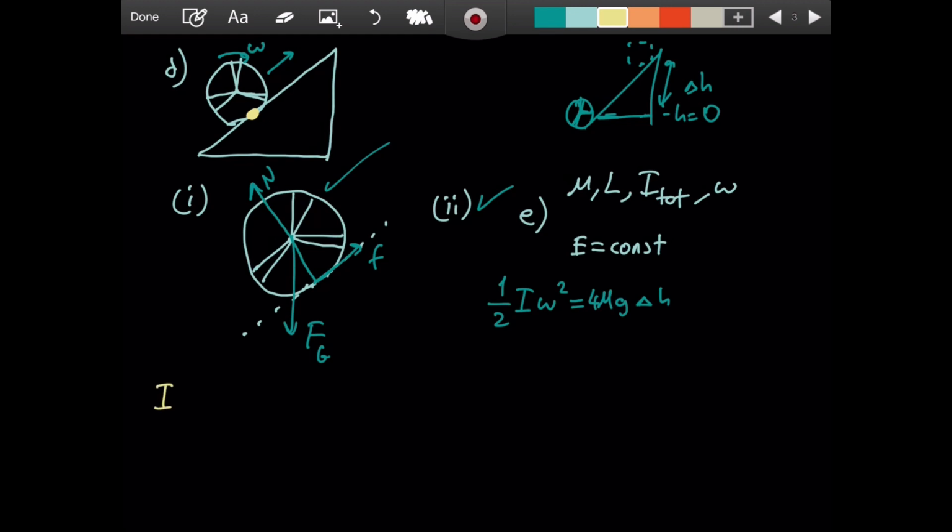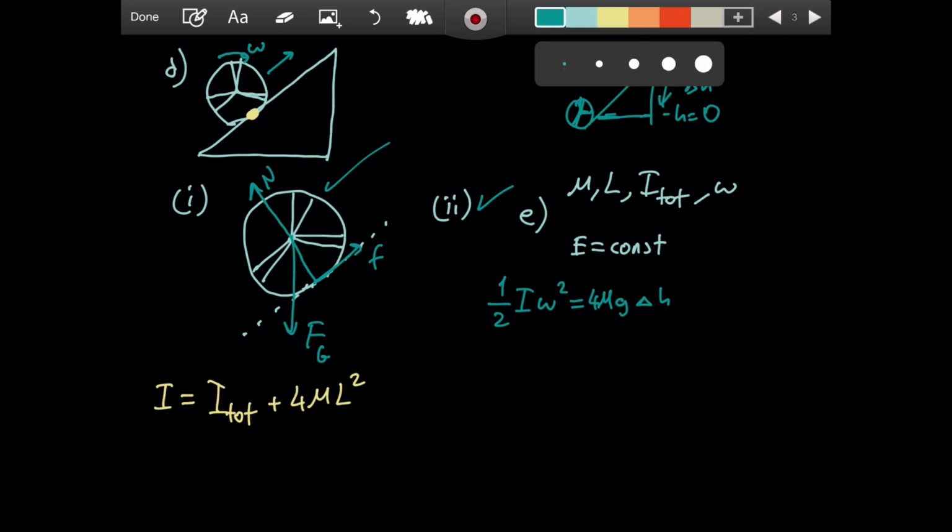It is going to be the moment of inertia through the center. I'm using the parallel axis theorem. So it will be through the center, which is I total, that is by definition, plus by the parallel axis theorem, it is the total mass multiplied by the vertical distance between the two axes squared, so it is L squared. Then we will have, well, that's it actually.